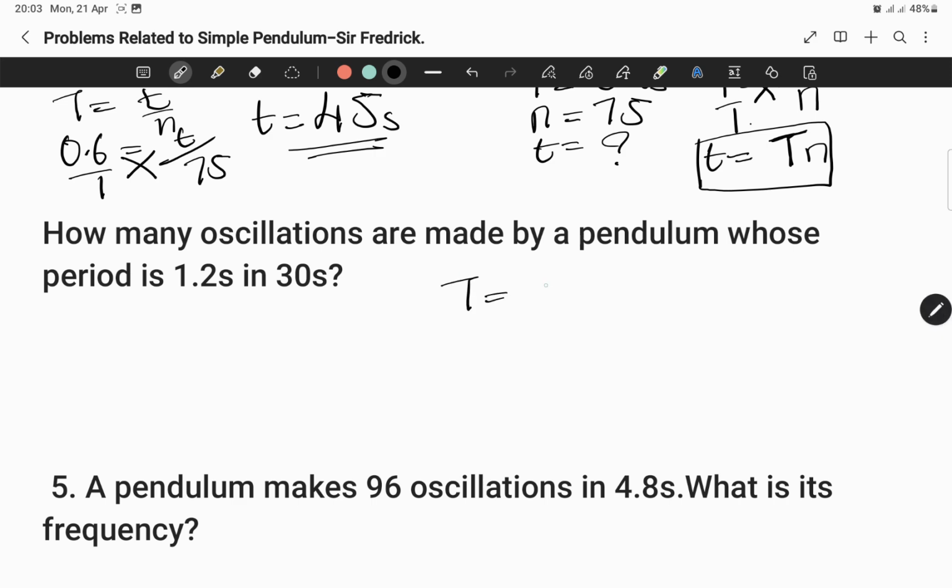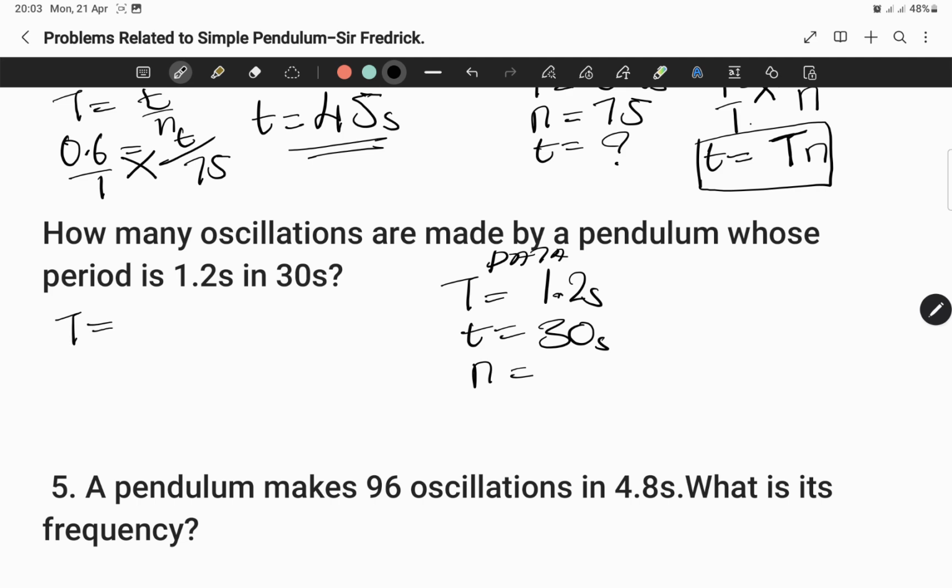Period, which is 1.2 seconds. Then time or an interval, which is 30 seconds. Then what am I looking for? Number of oscillations.